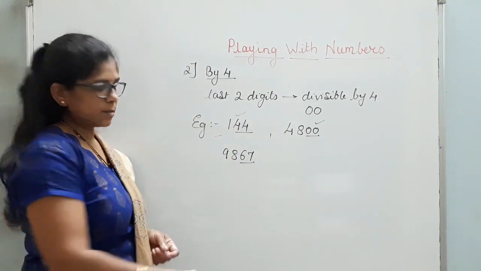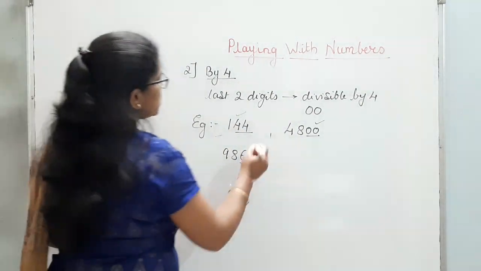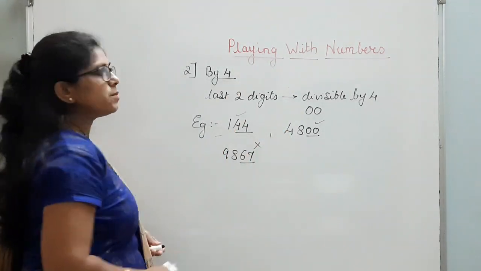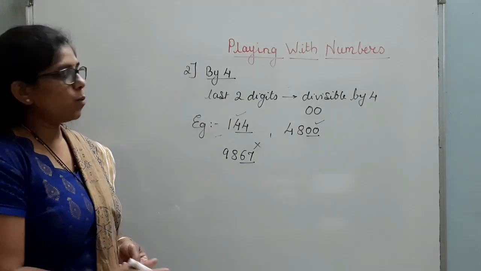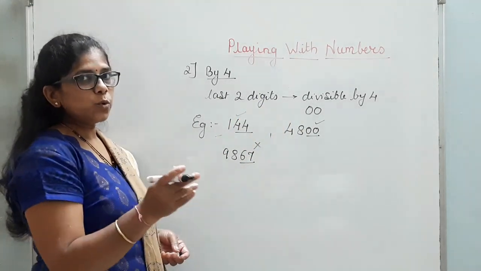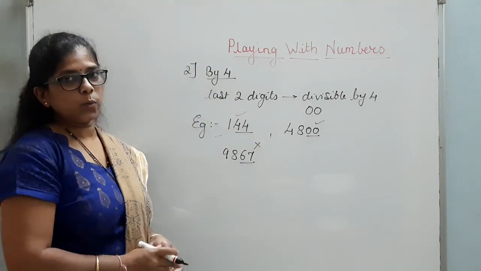Last 2 digits are 67. 67 is not divisible by 4. This means 9867 is also not divisible by 4. So this is how, just by looking at the last two digits of the number, we can check whether the given number is divisible by 4 or not.